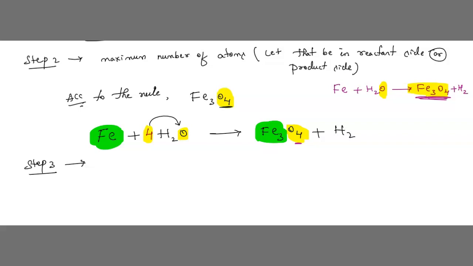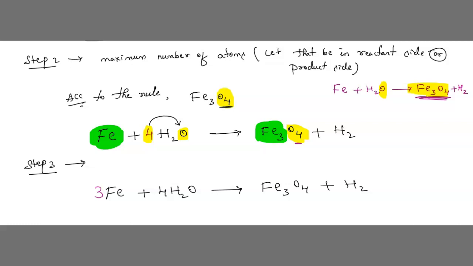Now what should we do? Here 3 means here also should be 3. So again in step number 3, Fe plus 4H2O, which gives Fe3O4 plus H2. In that, I will multiply this by 3.